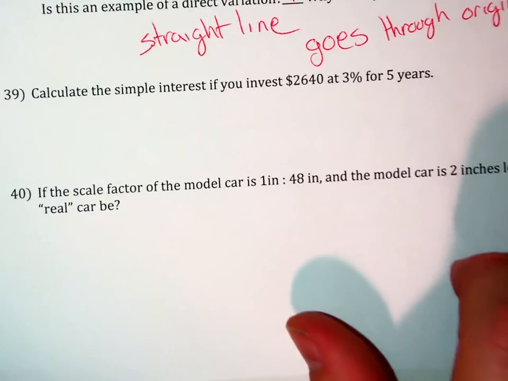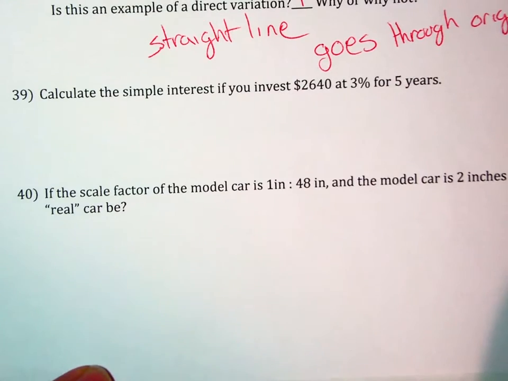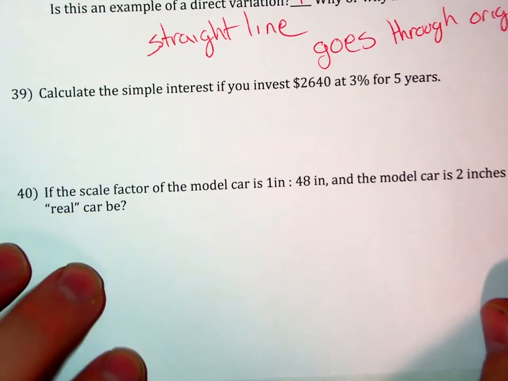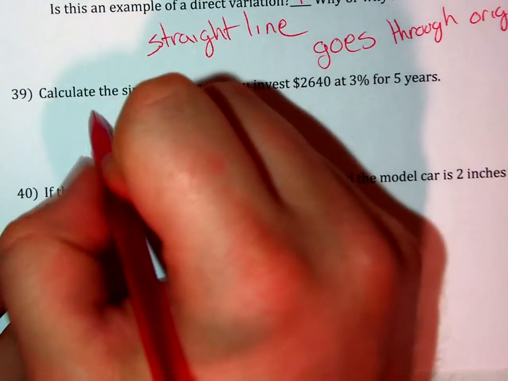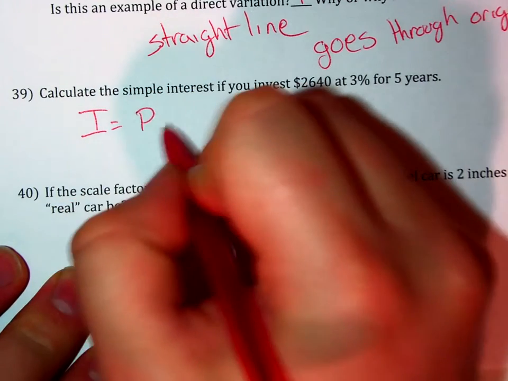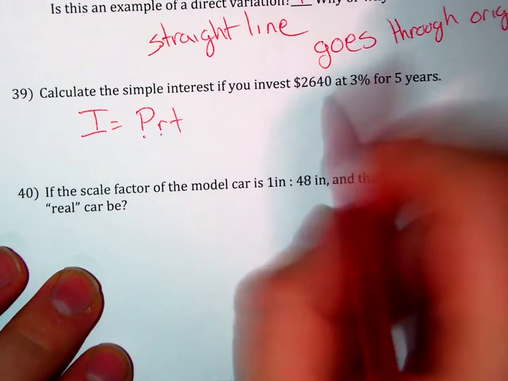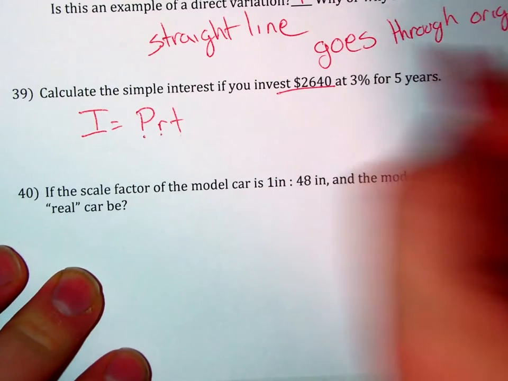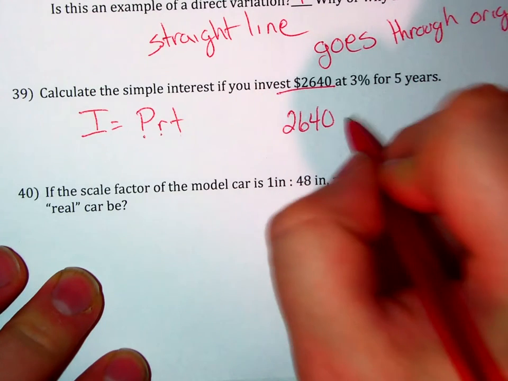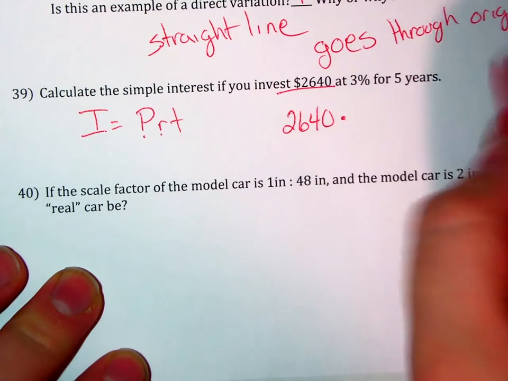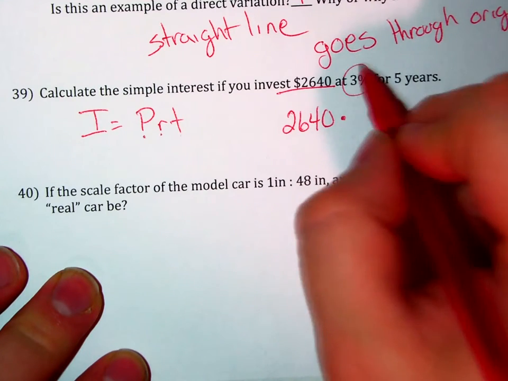Problem number 39. Calculate the simple interest if you invest $2,640 at 3% for 5 years. And remember, interest is equal to PRT. Principal times rate times time. Our principal that we're given is $2,640. So 2,640 times 3% is our rate. Remember, our rate needs to be in form of a decimal.